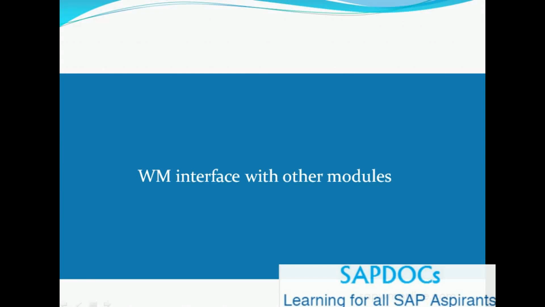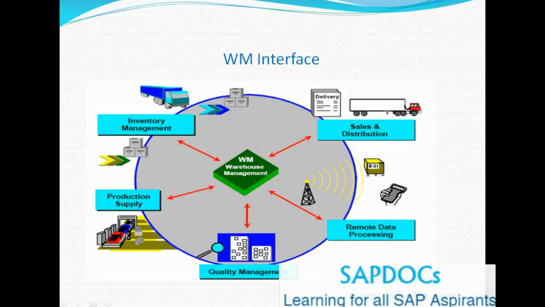Let us now briefly have a look at the WM interface with other modules. As we can see, WM integrates with different modules like SD, inventory management, PP, QM, and also WM has a functionality called the RF, which enables it to integrate with the remote data processing functionality.